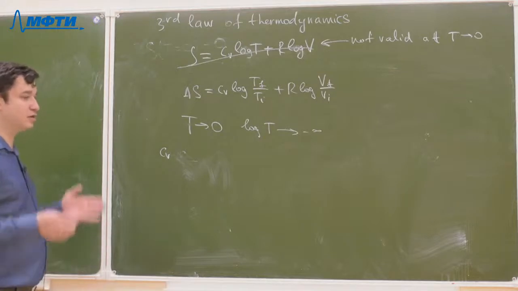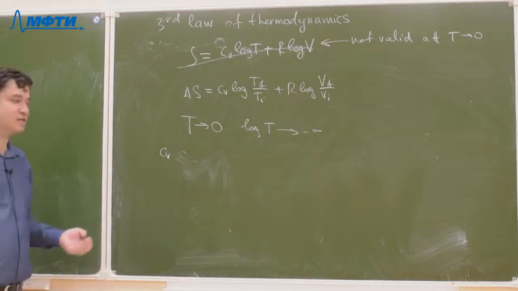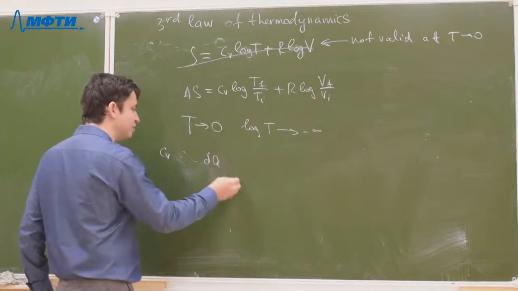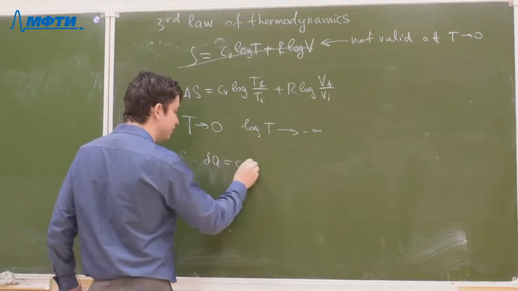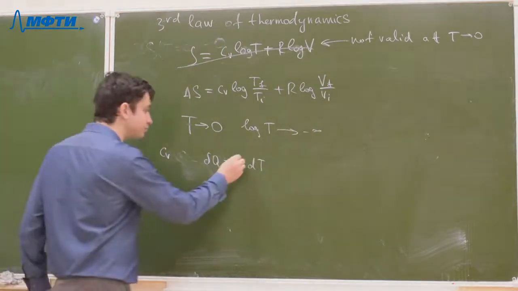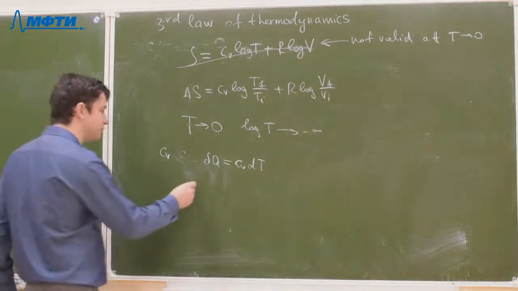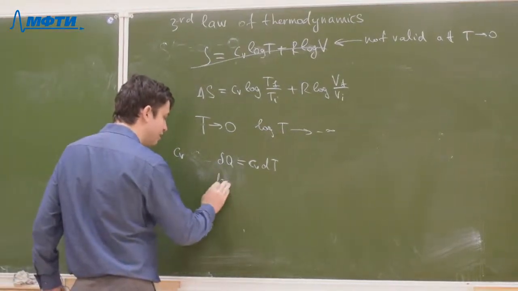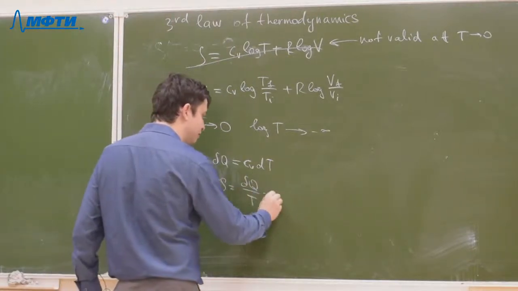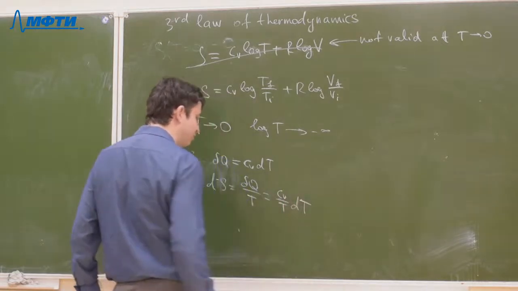So when you fix the volume of gas, and if you want to change the gas temperature, you need to supply an amount of heat delta Q, which is equal to CV multiplied by dT, to 1 mole of gas. Well, according to the definition of entropy, dS should be equal to delta Q over T. So this is CV over T multiplied by dT.